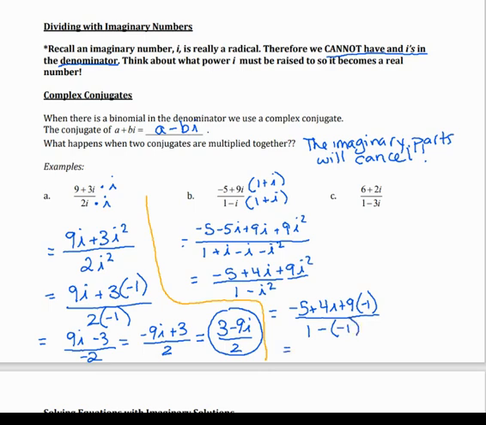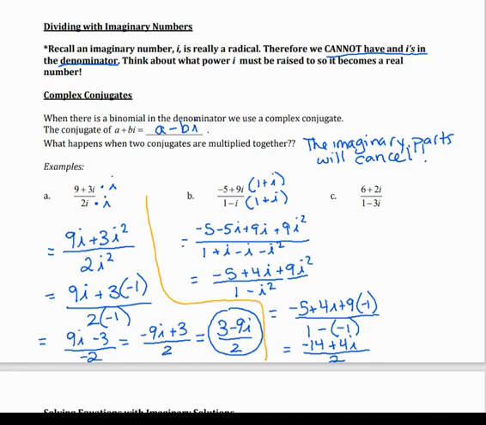When I clean that all up, I have a negative 5 and negative 9 makes negative 14. And notice I'm putting the real part first. So I get negative 14 and then plus 4i. And 1 minus negative 1 is really 1 plus 1, which is 2.